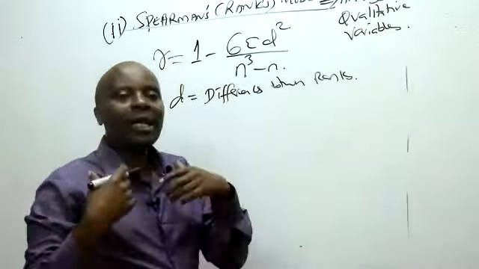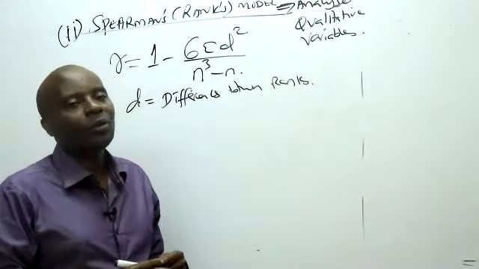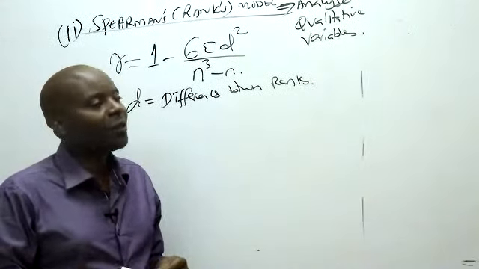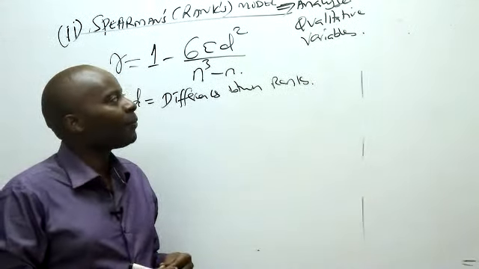You can't measure them, you can't count them. For example, female beauty. You can't attach a numerical value to that. So anytime you want to analyze two or more qualitative variables, then you can only use the ranking system, and I want us to do this very fast.